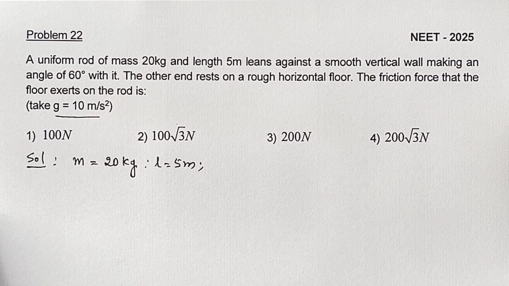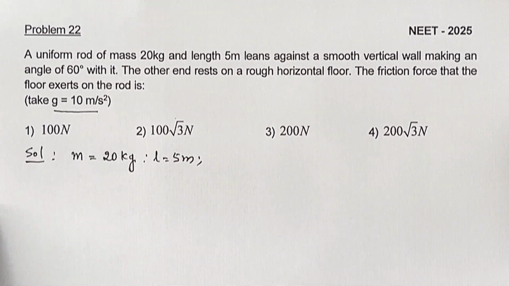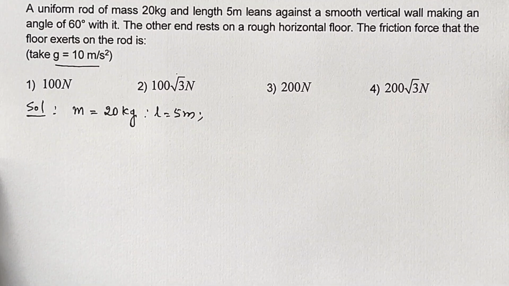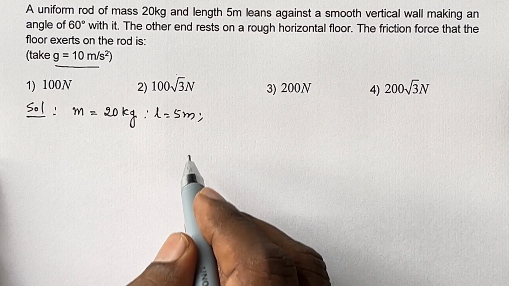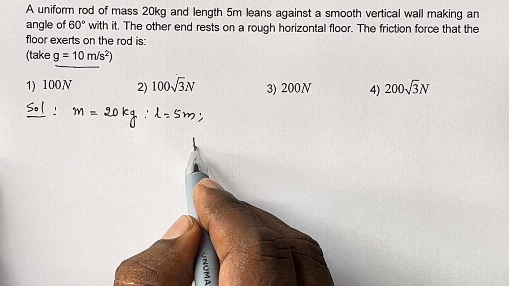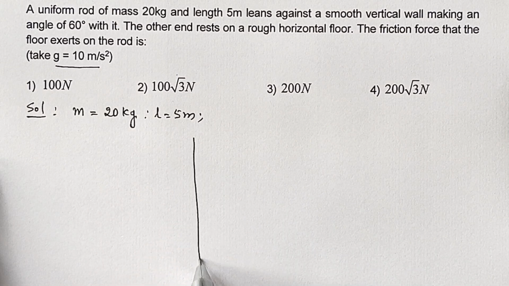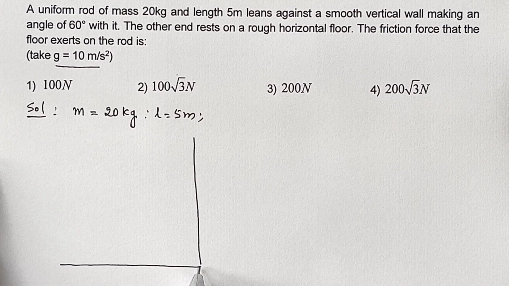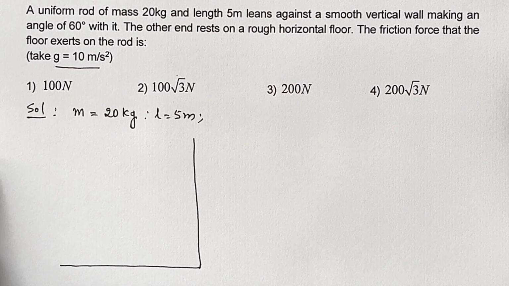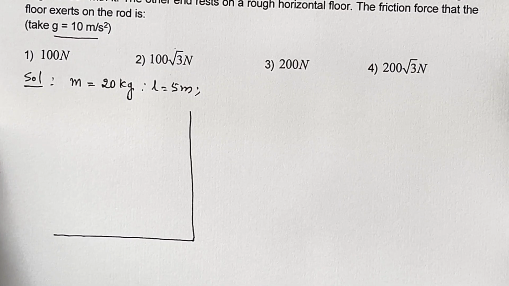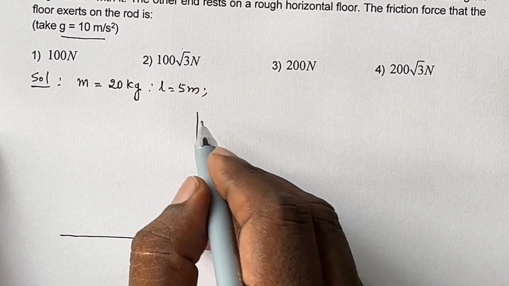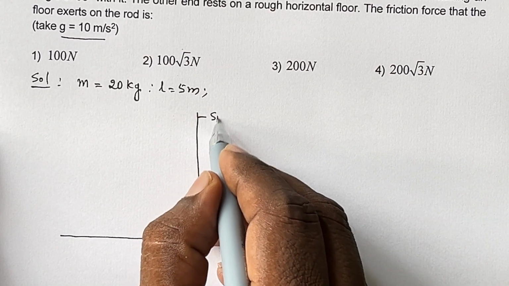Right. So what are they mentioning in the problem? There is a wall like this. The floor is also there. This wall is a smooth wall.